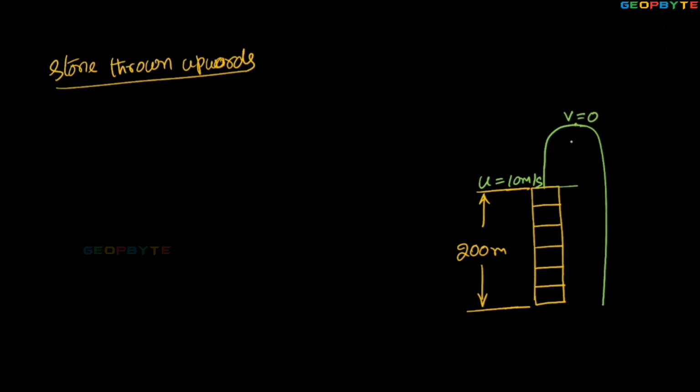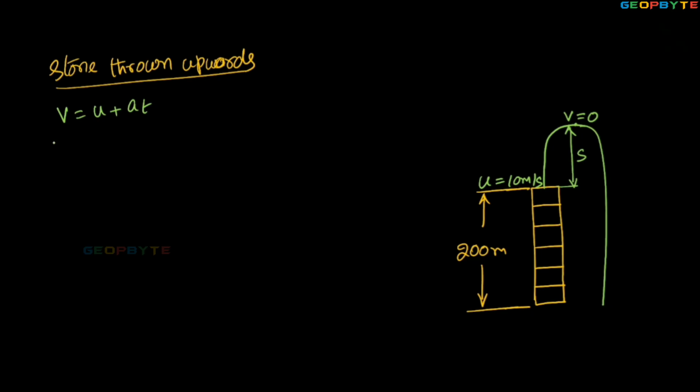Then first we need to decide the vertical distance traveled by the stone from the tower's topmost point. For that, let us take one of the equations of motion. v equal to u plus at.